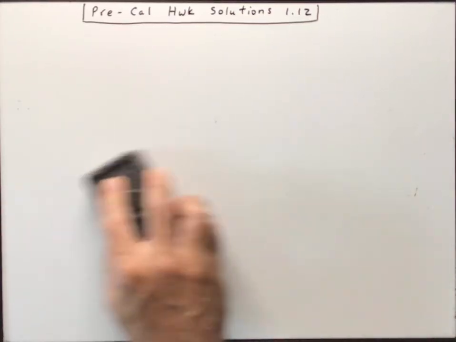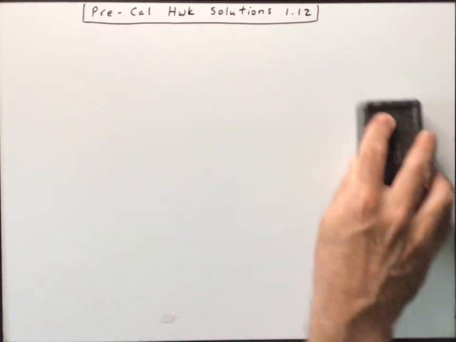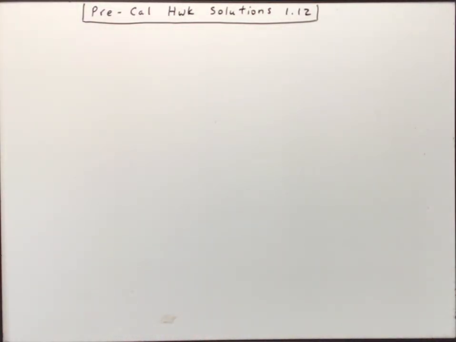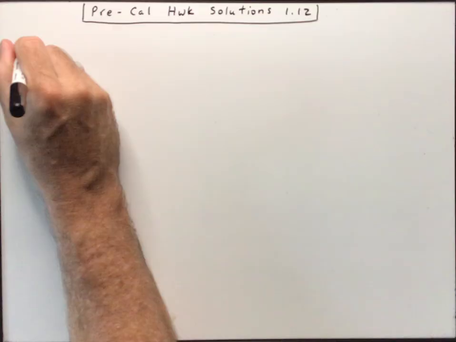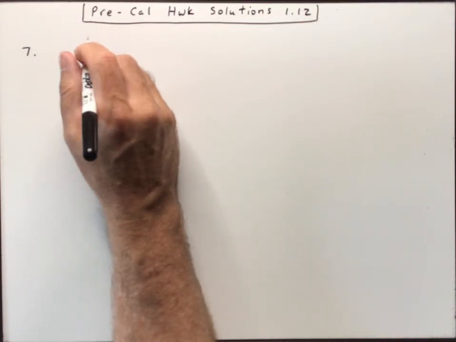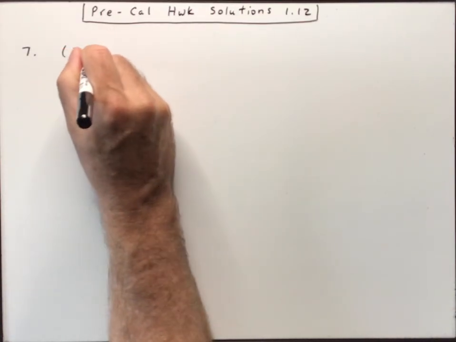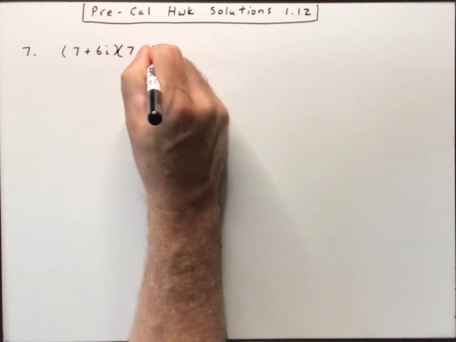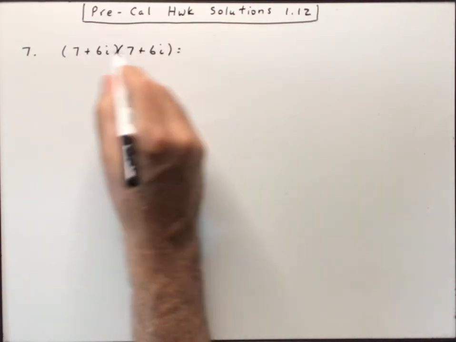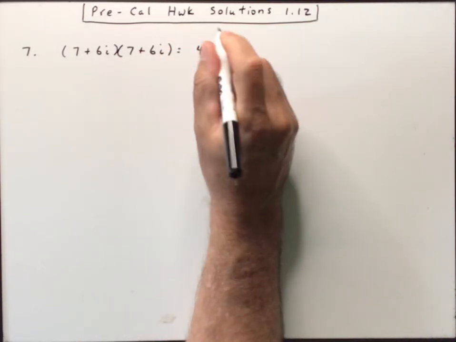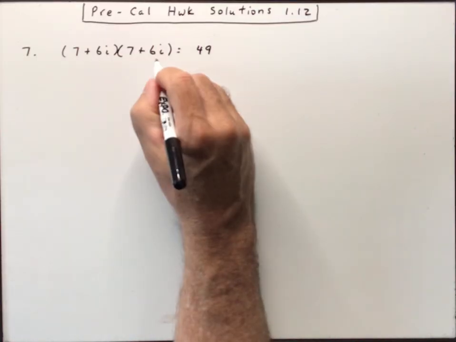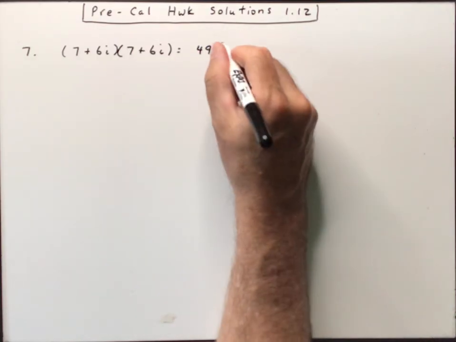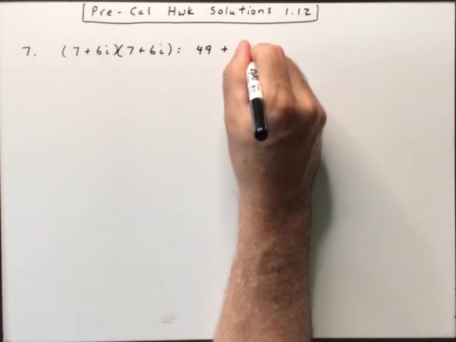Some of those parts from 1.12.2 can be a little tricky, but the other parts, hopefully you found pretty easy. So number 7, basically here we say simplify, we're really multiplying. So 7 plus 6i squared, we're going to just write it twice and multiply. I'm going to FOIL that out. 7 times 7 is 49 for the front, and then the middle and the outside terms, 7 times 6 is 42, 42 plus 42, so that'd be plus 84i.